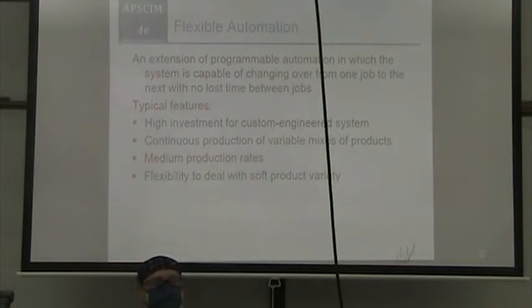Again, you have a high investment, partly because automated machines tend to be expensive, partly because part of it may have to be custom engineered. We're looking at a continuous production situation in a mixed model type production. They're putting it at a medium production rate.